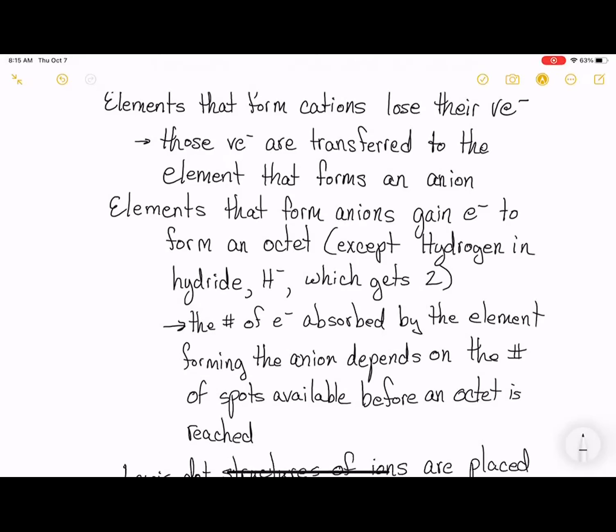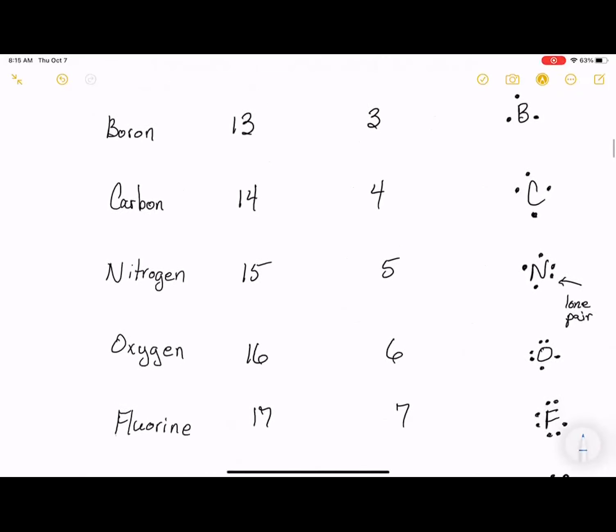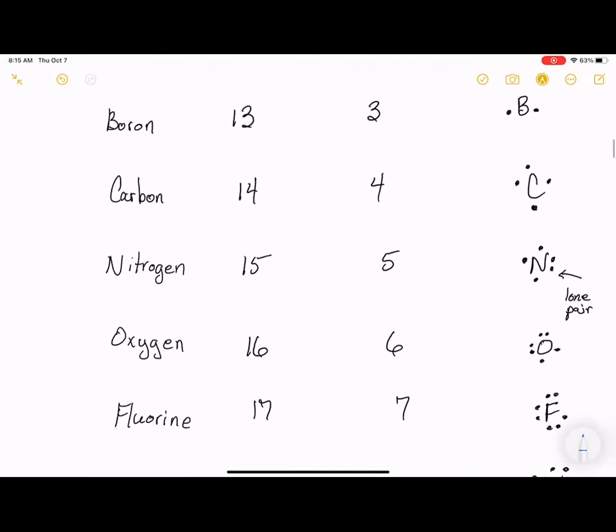Okay, so let's go back to the top and actually look at this last statement and what I mean by this last statement. Let's start with carbon because it's going to be really the first one. So right now, carbon has 4 dots. In order for carbon to get an octet, it has 4 places where it could share an electron.